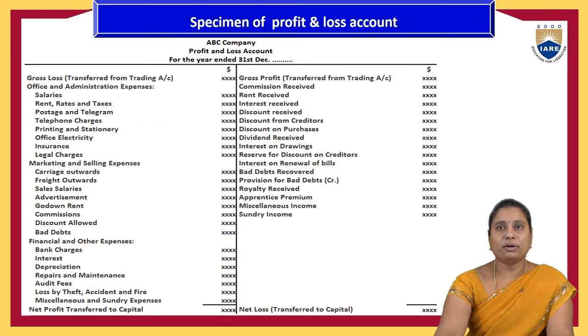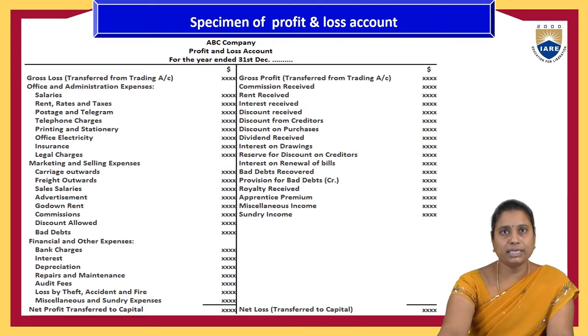And for the specimen of the profit and loss account, after the gross profit and gross loss identification, indirect expenses related to the product are taken care of, and other related expenditures are taken into consideration. The indirect expenses like salaries, rents, rates, postage charges, telephone charges, printing and stationery, office electricity, and carriage outwards, whereas carriage inwards was in the trading account and carriage outwards is in the profit and loss account.